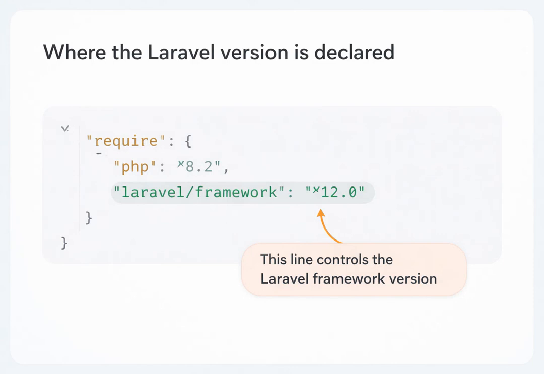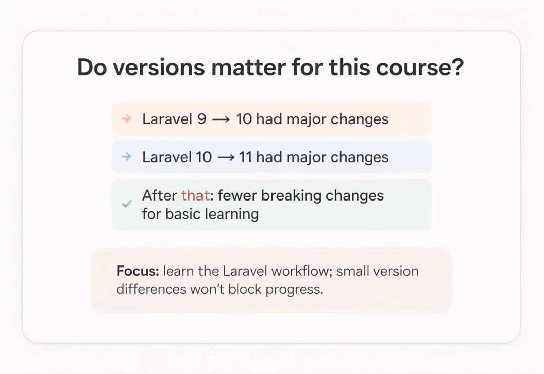When checking which Laravel version a project is using, composer.json is the key file. Inside the require section, the laravel/framework dependency shows the version constraint, like ^12.0. Composer uses that rule to install a compatible version. You'll also see a PHP version constraint, and that matters because newer Laravel versions often require newer PHP versions. There was a note about version differences.